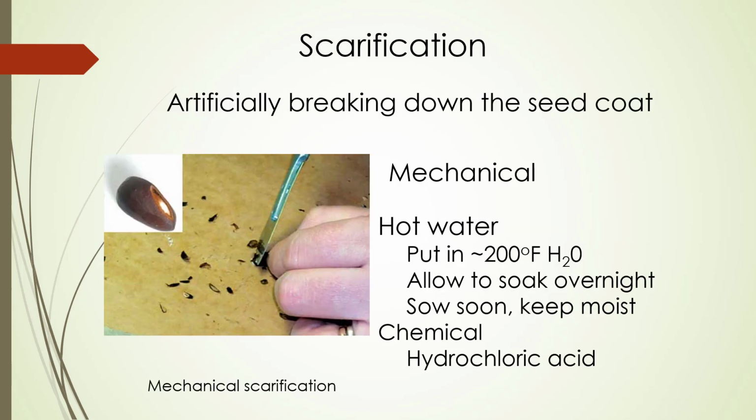Scarification is when you artificially break down the seed coat. You can do this mechanically. Here they're using some sort of blade. You saw that file previously. You can use hot water, allow it to soak overnight. You want to sow it soon so you can keep it moist. You can use hydrochloric acid.